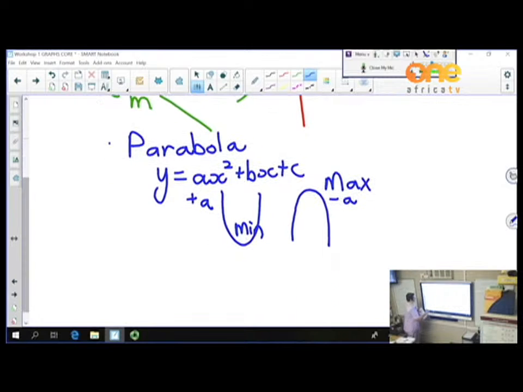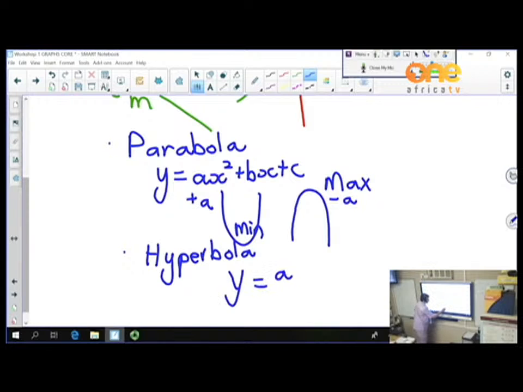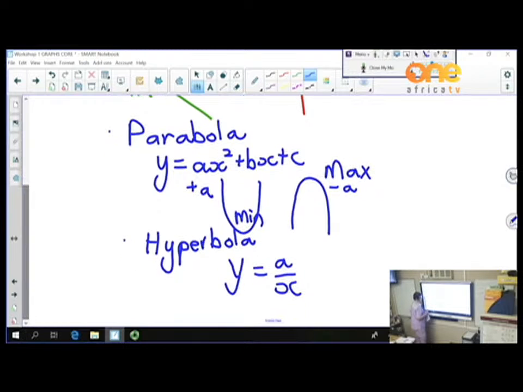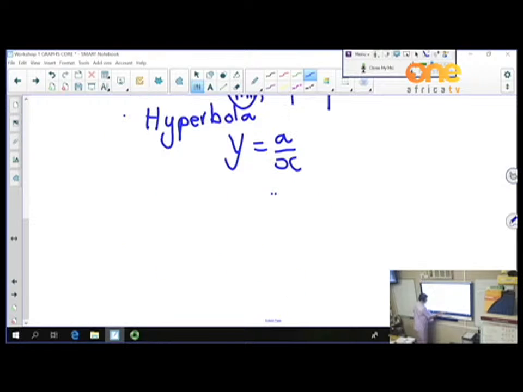And then in the third place, we're going to draw hyperbolas. And the hyperbola equation is y is equal to a over x. And again, if a is positive, then it lies in quadrant 1 and 3.